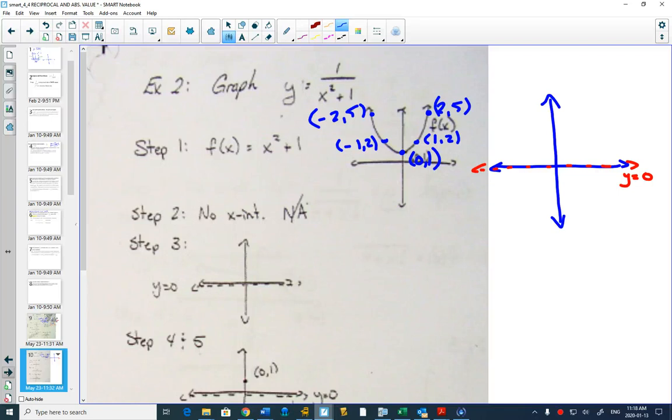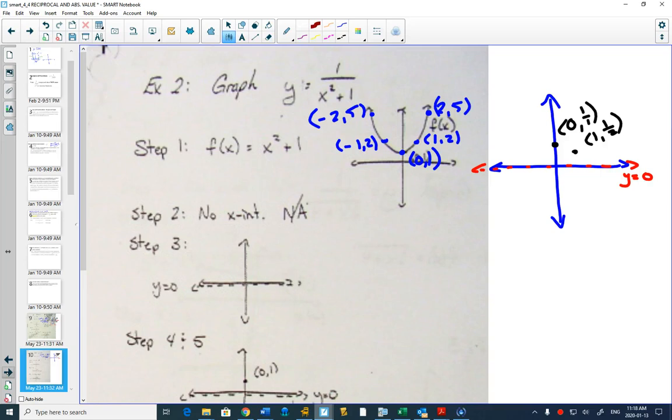Okay, step 1, asymptotes. Step 2, nice points. What's going to happen to (0, 1)? It's going to become (0, 1 over 1), which is still (0, 1). What's going to happen to (1, 2)? It's going to become (1, 1 over 2).